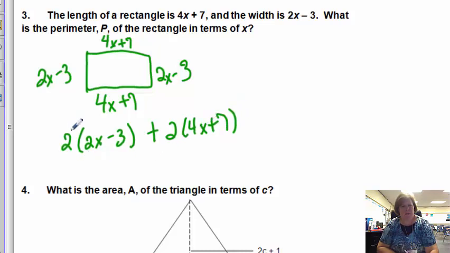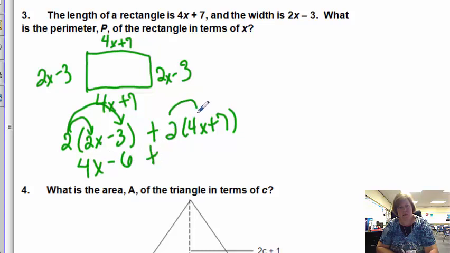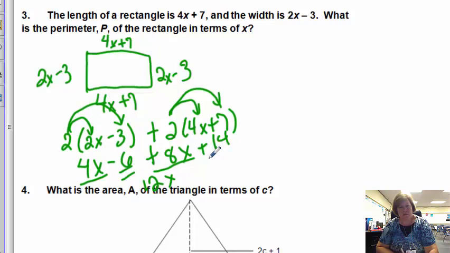And that will allow us to use our distributive property to say that we'd have 4x minus 6 plus 2 times 4x, 2 times 7, that would be 8x plus 14. And then 4 plus 8 is 12x, negative 6 plus 14 is positive 8. So that P would equal 12x plus 8.